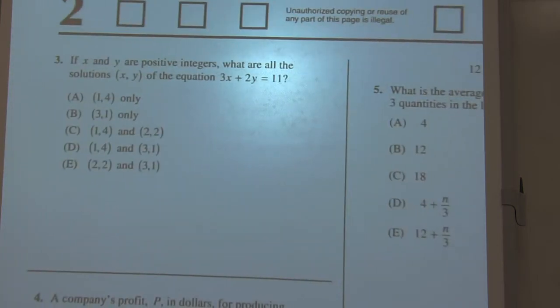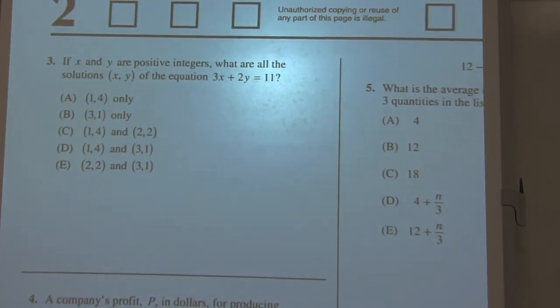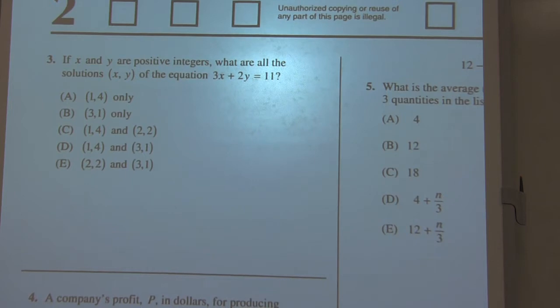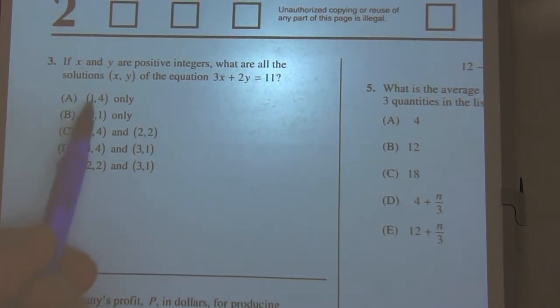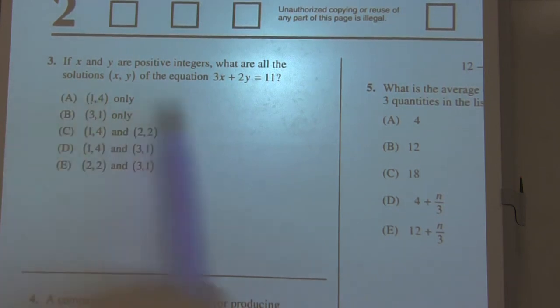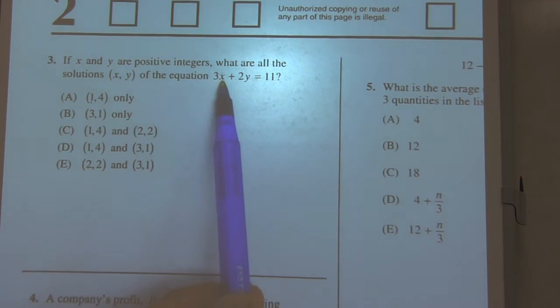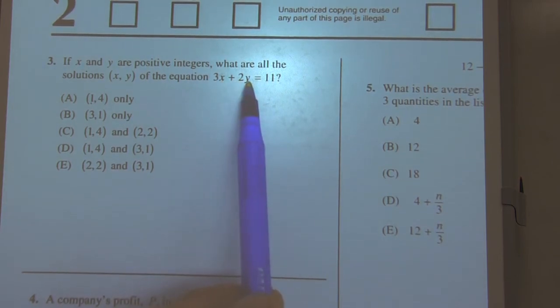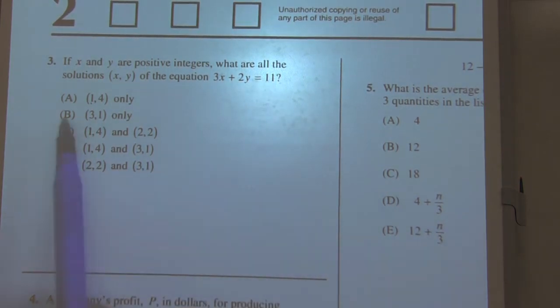Number 3. Okay, nice and easy. Now all SATs start off with the easy kind of problems: easy, medium, hard. Number 3 says, if x and y are positive integers, what are all the solutions x, y of the equations? This one's just a plug-it-in one, you guys. Just notice that your first number is always x and your second number is y, so just plug them in. Does 1, 4 work? 3 times 1 is 3, 2 times 4 is 8, so 3 plus 8 equals 11, so that one works.